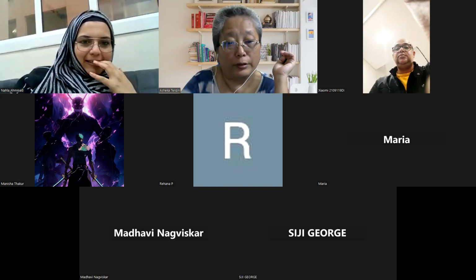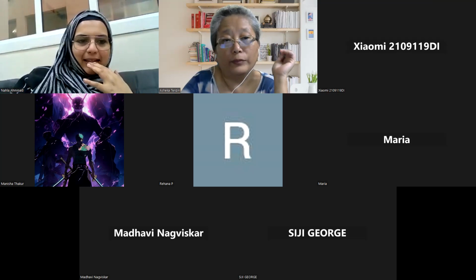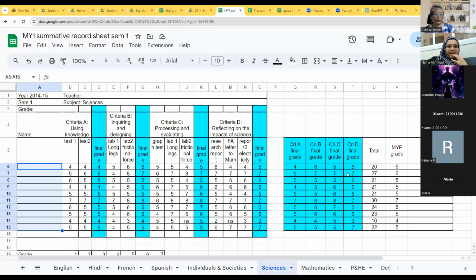All right, so let me share my screen with the 4 criteria. Okay, now can you see the 4 criteria? Criteria A, using knowledge. Criteria B, inquiring and designing. Criteria C, processing, evaluating. Criteria D. So I have taken 2 tests. This is for the first semester. In one test, this student has got a 4 and 4. So that's why my best fit grade is a 4.